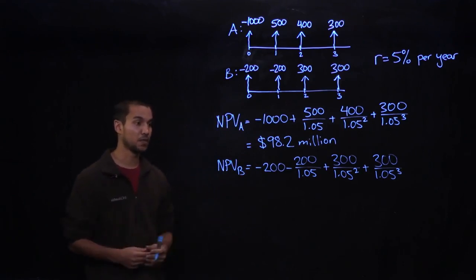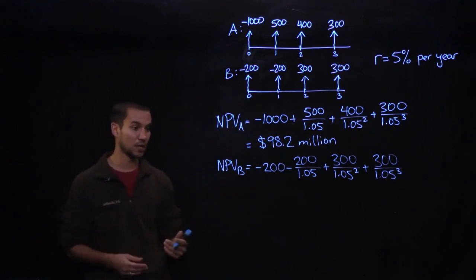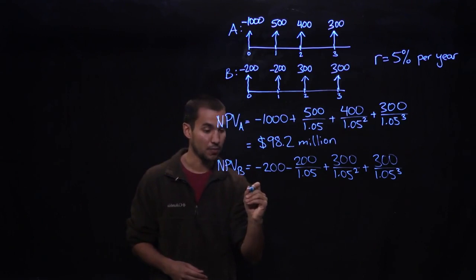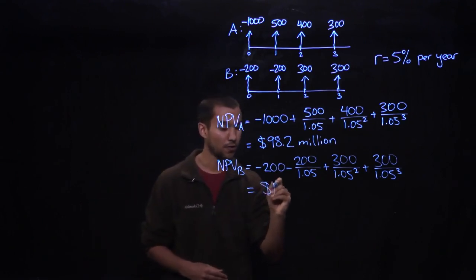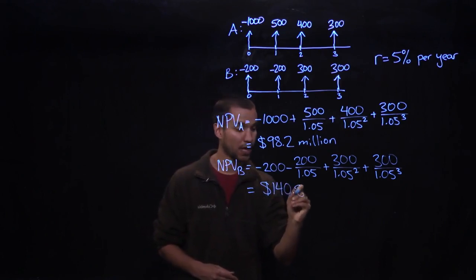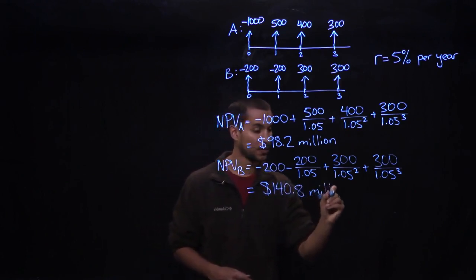And again, if we multiply everything out and do the summation, we find that this project has an NPV of $140.8 million.